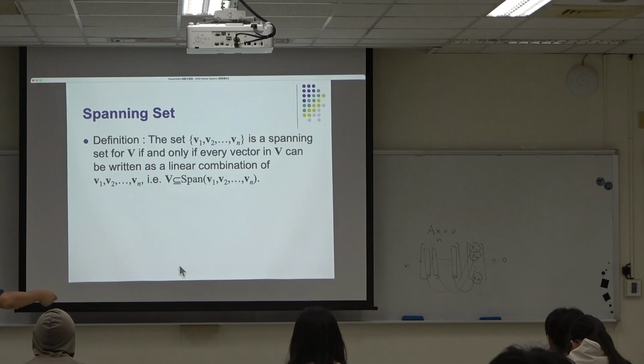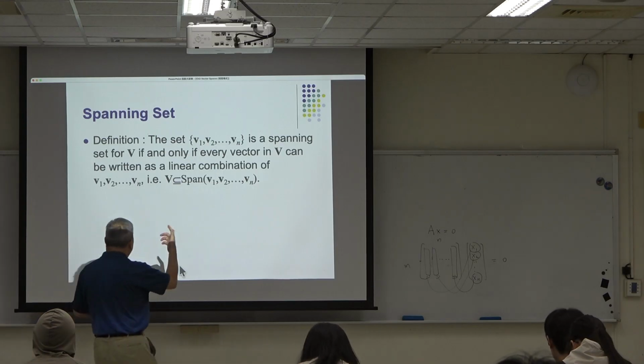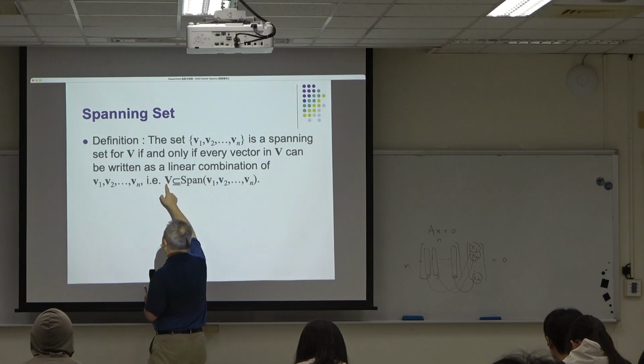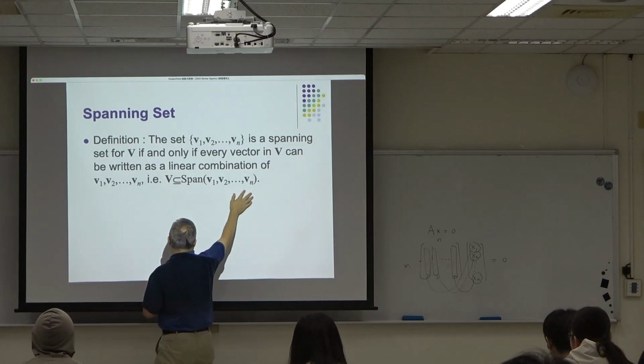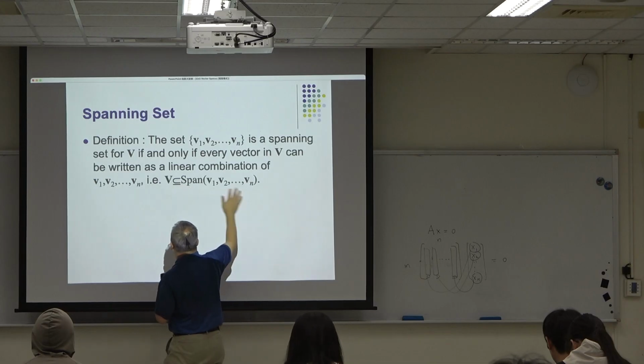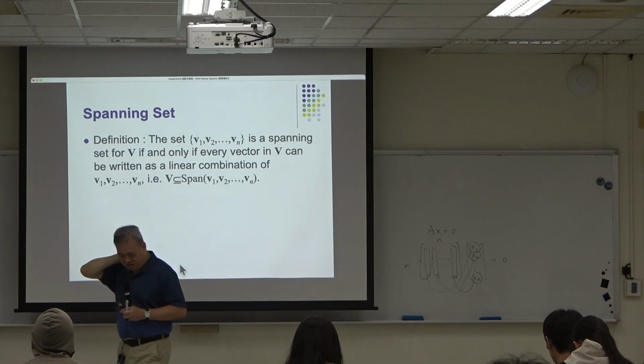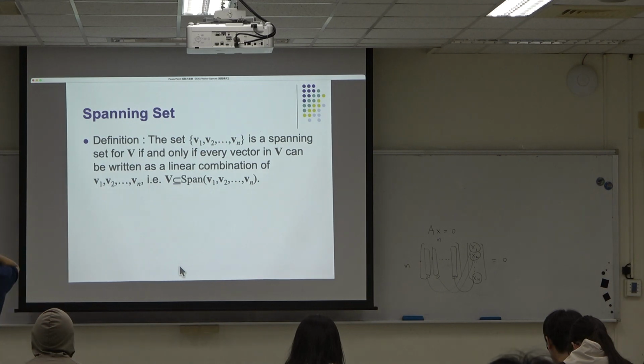If every vector in V can be written as a linear combination, in other words, any vector in V belongs to the span of V1 to Vn, so we can say V is a subset of this one. To put it another way, the linear combinations of V1 to Vn are sufficiently large to cover the set V.